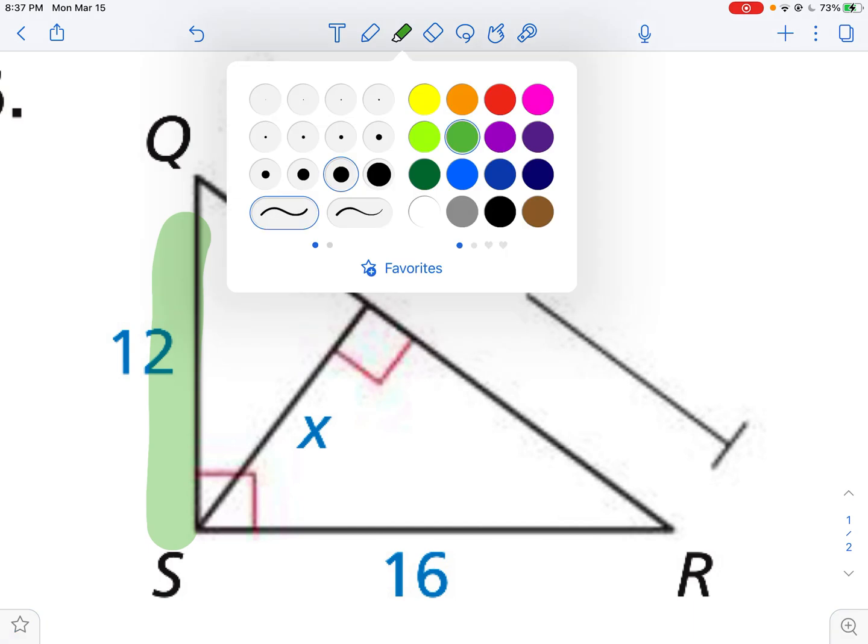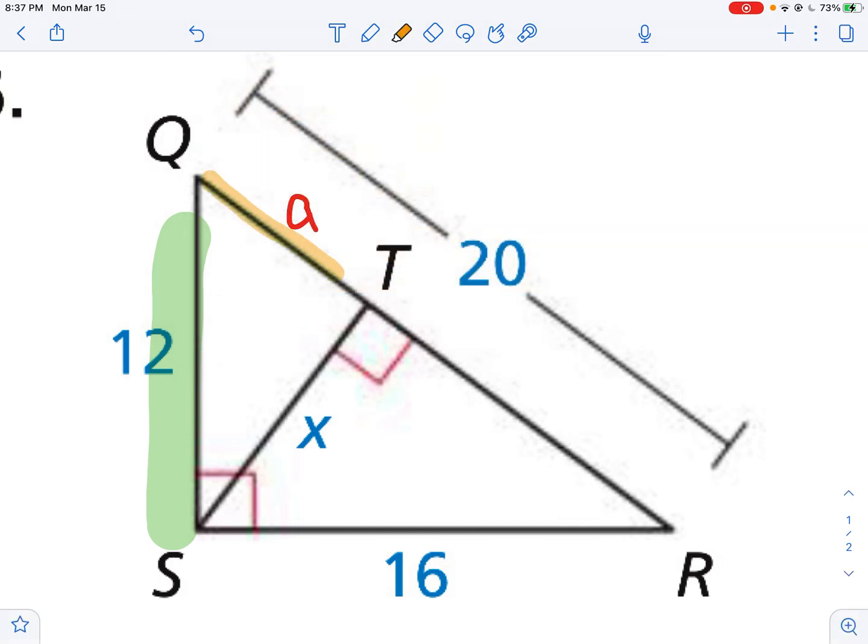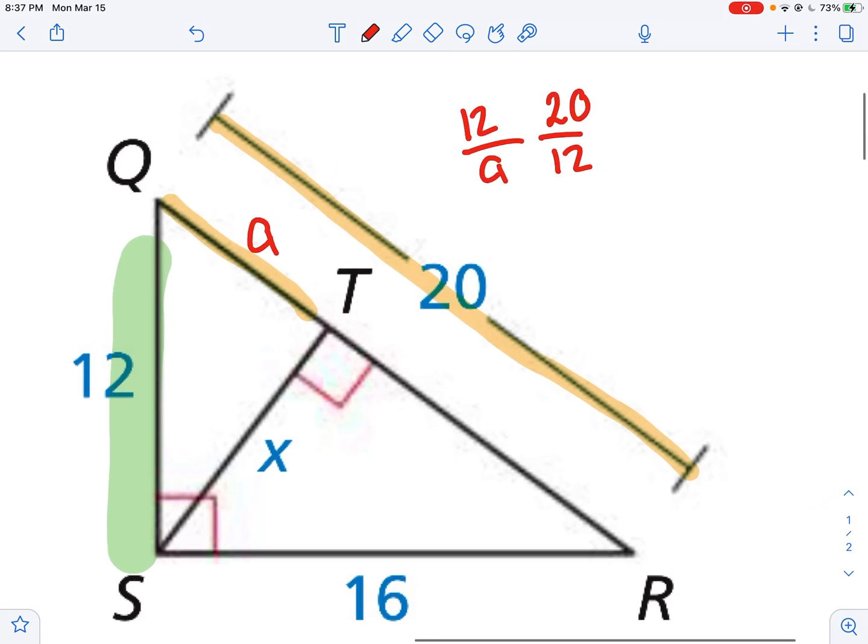But now that you've set up a new variable, now you can use that variable. So 12 is the leg. A is the part closest to the leg. 20 is the whole hypotenuse.